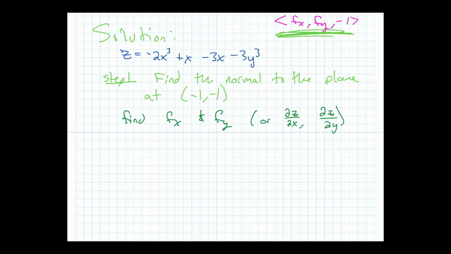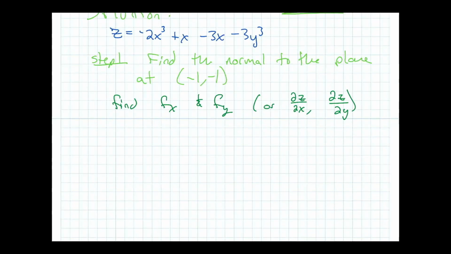Because it's not called f. But it doesn't matter. It's the same problem. So I'll just call it fx, even though it's not called f. All right, so what's fx? Derivative with respect to x. So that is the derivative of this function with respect to x.